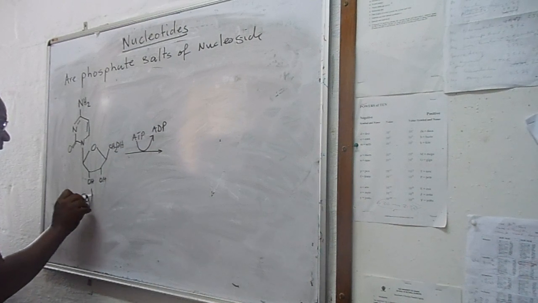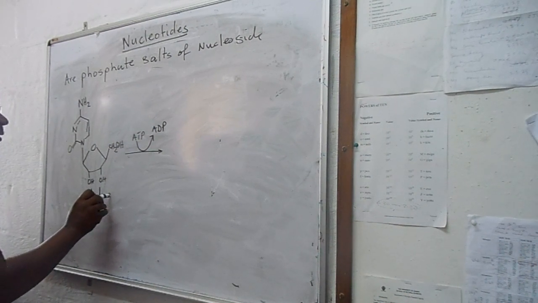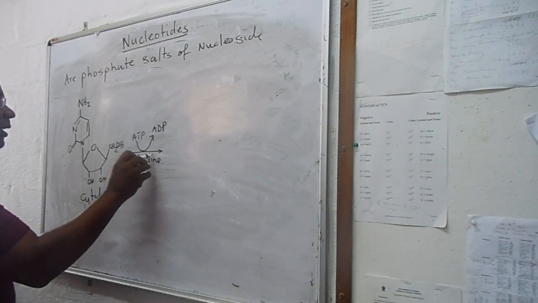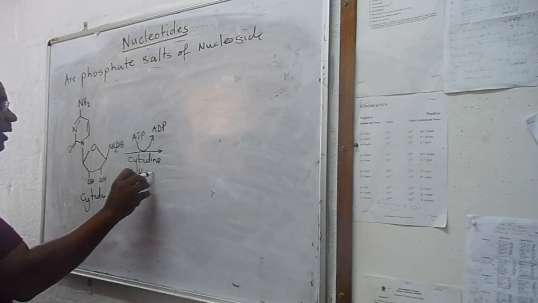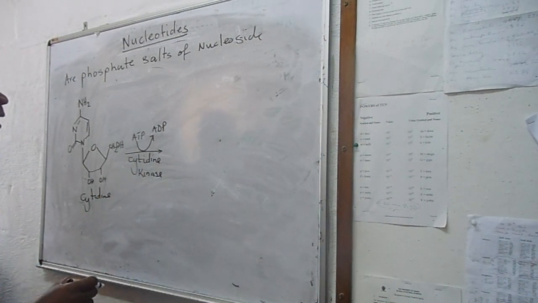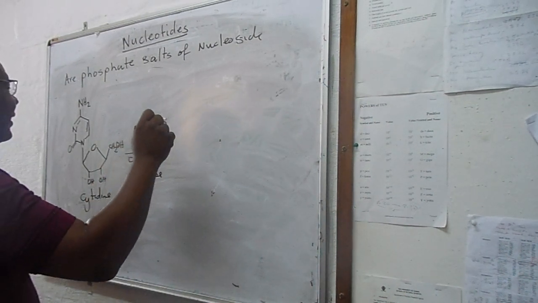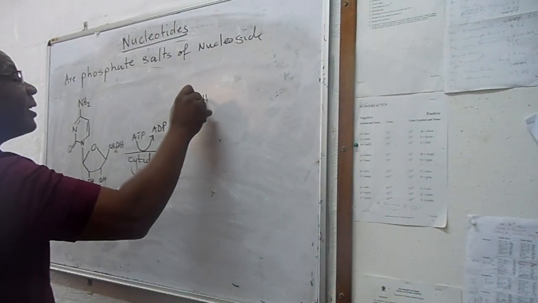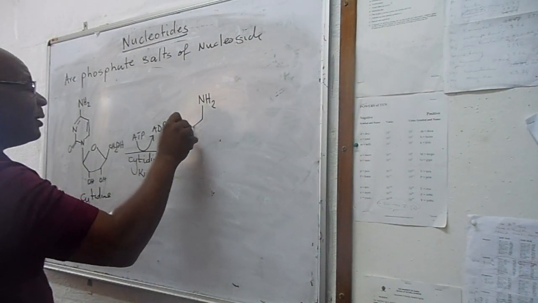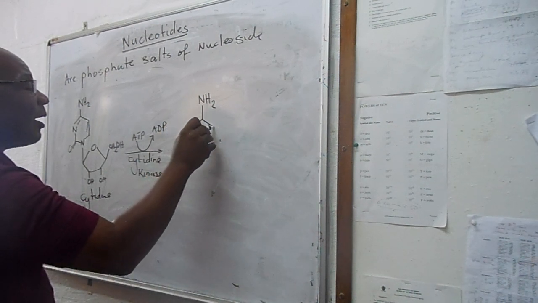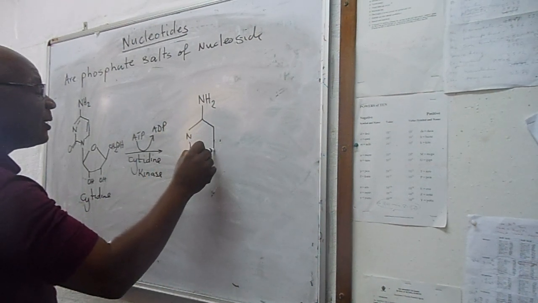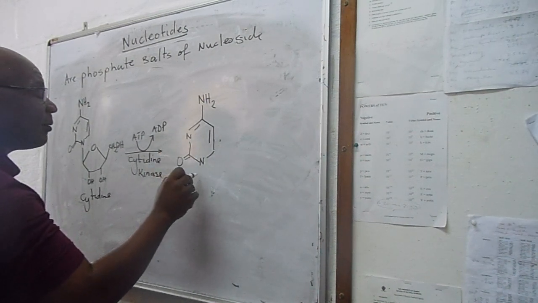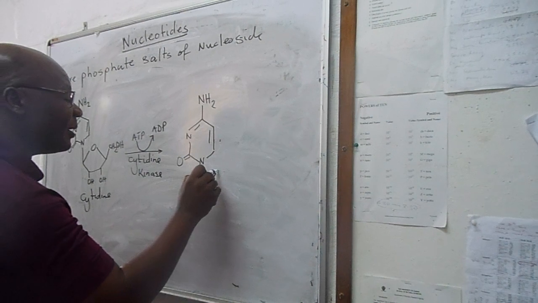Since we are using cytidine, the enzyme we require is a cytidine kinase. So the product, which is a phosphorylated cytidine, is formed. So this is our phosphorylated cytidine.